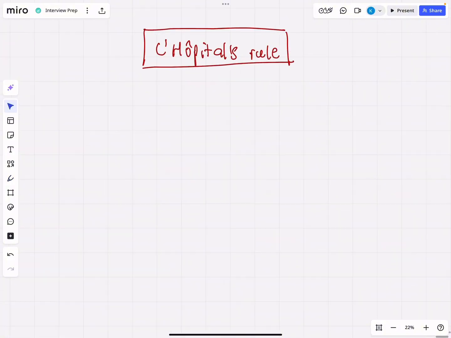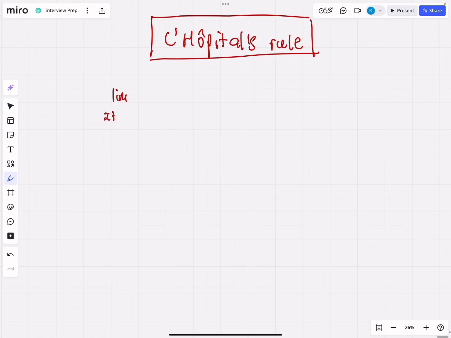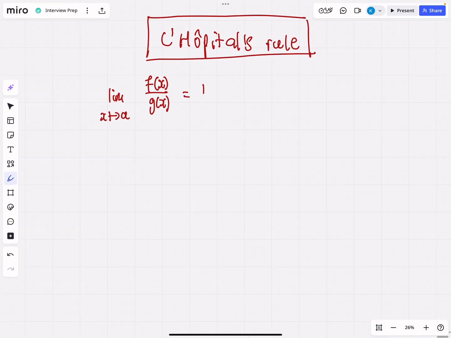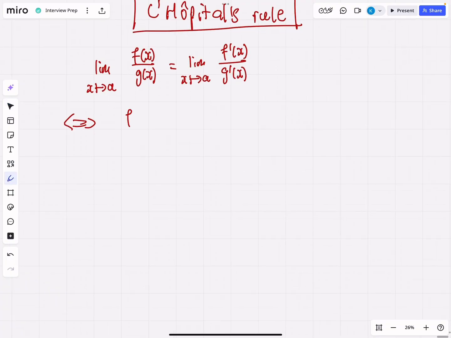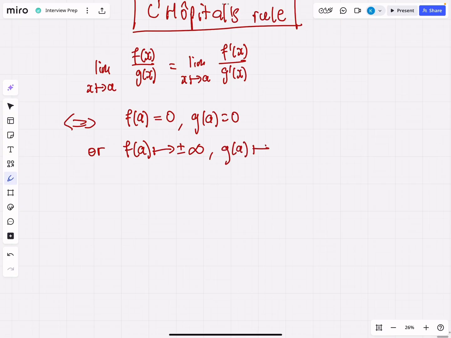So L'Hopital's rule tells us if we have a rational function and we're considering the limit as x tends to some real number a of f of x over g of x, this is equal to the limit as x approaches a of f prime of x over g prime of x if and only if, right, f of a equals 0 and g of a equals 0, or f of a tends to plus or minus infinity and g of a tends to plus minus infinity, right?